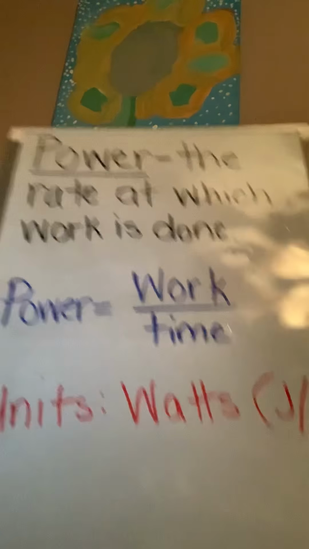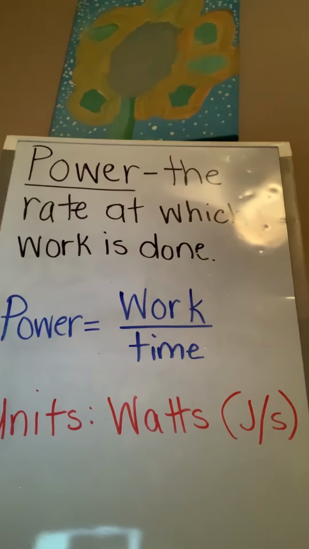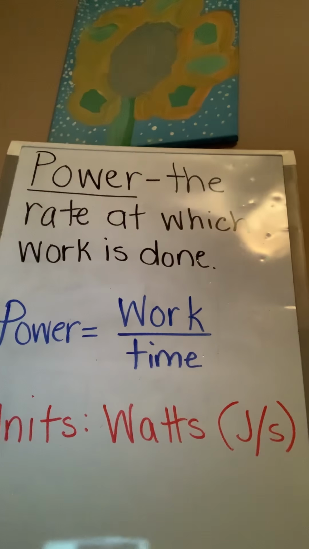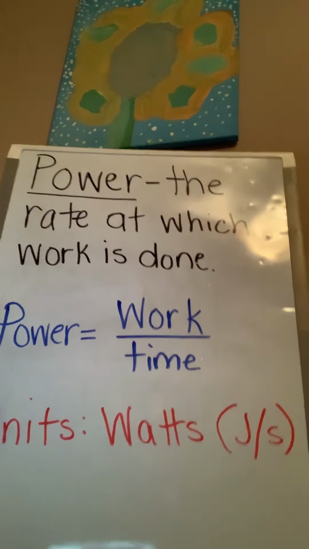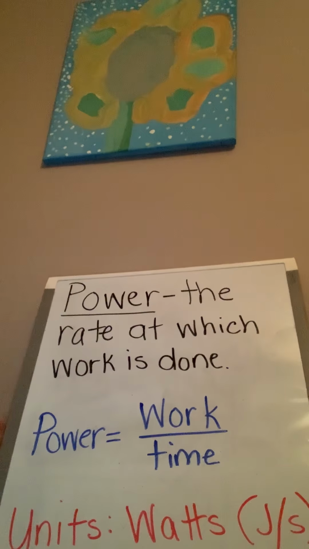The units for power are in watts, just like the light bulb, watts. That is a joule per second. So work over time is joules per second, and that gives you the unit for power, which is watts.